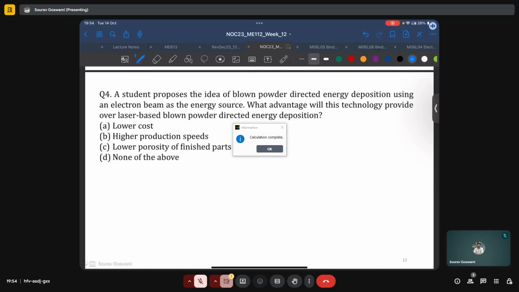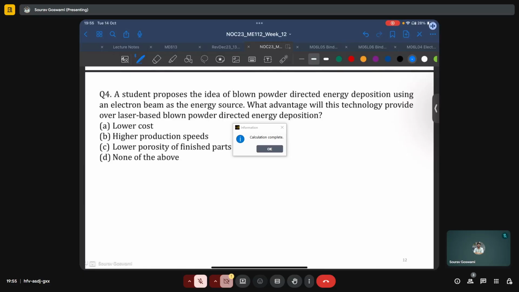Question 4 is asking us, a student proposes the idea of blown powder directed energy deposition using an electron beam as the energy source. What advantage will this technology provide over laser-based blown powder directed energy deposition? And the options given to us are, will it result in lower cost? Will it lead to higher production speeds? Will it lead to lower porosity of the finished parts?